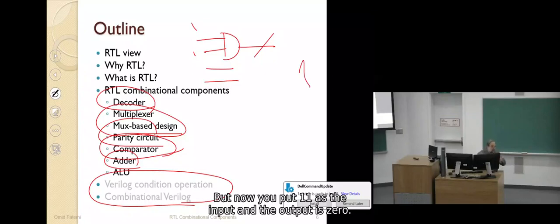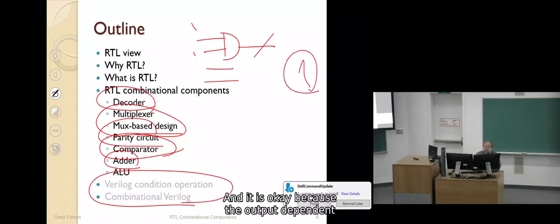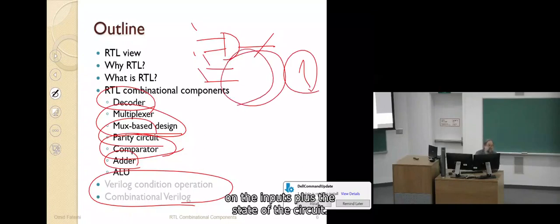But now you put 1, 1 as the input and the output is 0. And it is okay, because the output depends on the inputs plus the state of the circuit. The circuit has some kind of state, some kind of memory to keep it. So we will talk about sequential later.